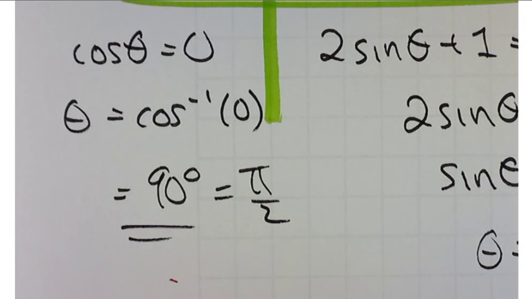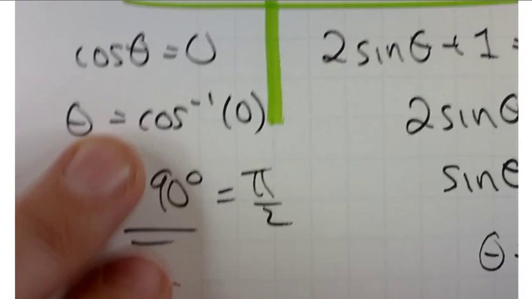All right, last one. I think it's actually problem number 6 in your book. Two sine squared of theta minus 1 equals 0.